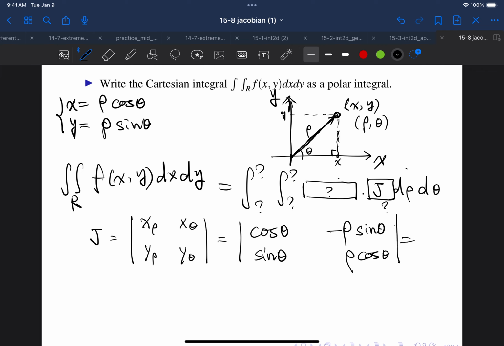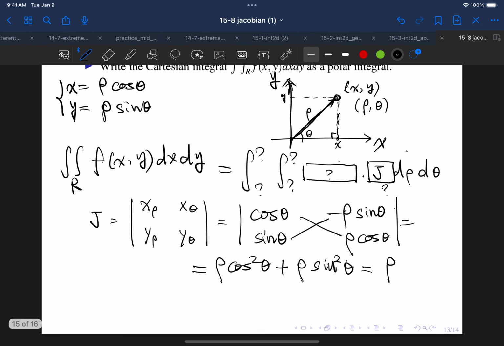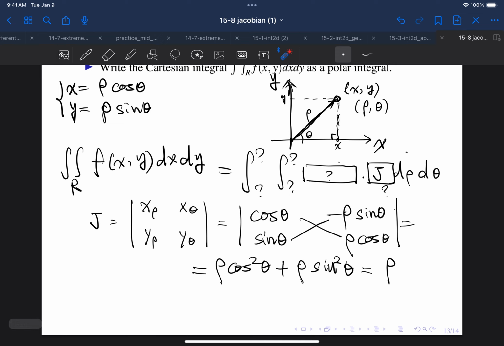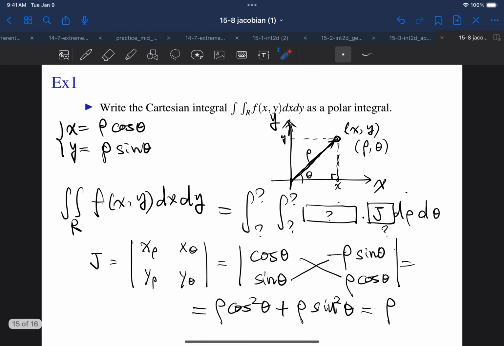And we calculate, then this is rho cosine square theta minus negative rho sine square theta, which becomes plus rho sine square theta. And we know that cosine square plus sine square equals 1. So this is simply rho. So the Jacobian is simply rho. It's surprisingly simple for this conversion.